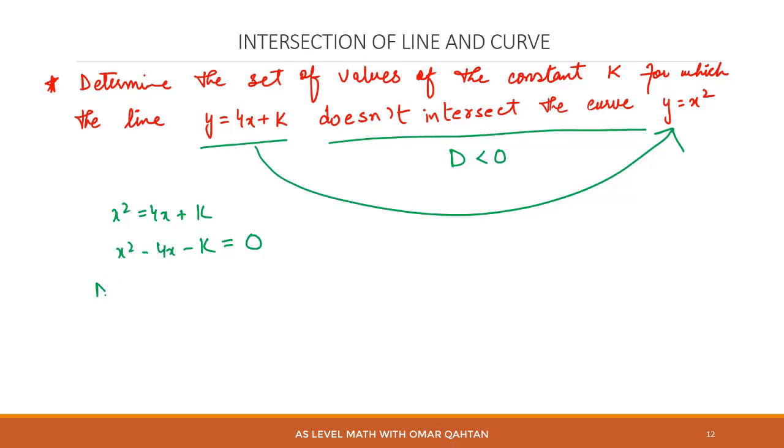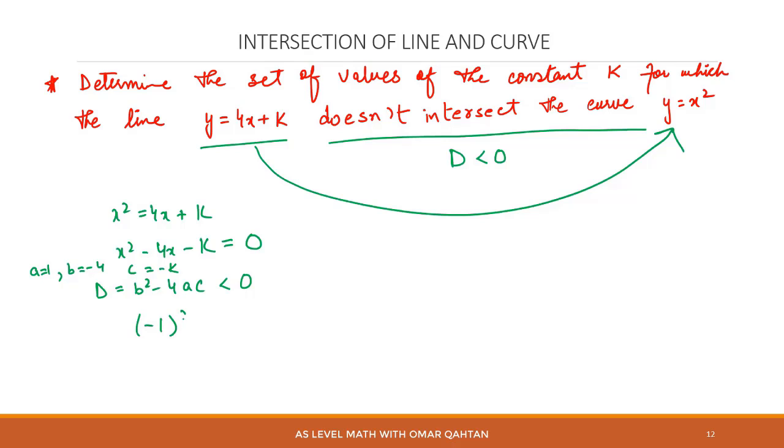We know the formula for the discriminant is b square minus 4ac, and this should be less than 0 because there is no intersection between the line and the curve. From this equation, a is equal to 1, b is equal to minus 4, and c is equal to minus k.